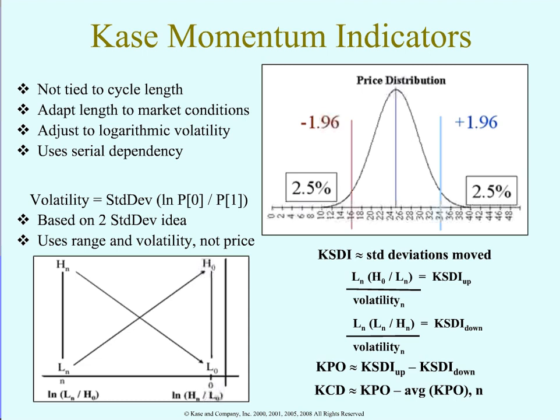So, for example, if you have a piece of data that's at 1.96 standard deviations above the mean, then there's only a 2.5% chance that it's random. So to look at whether or not something is random, you might want to look at where it falls on a bell curve. Okay, so that said, this is how the indicators are calculated.